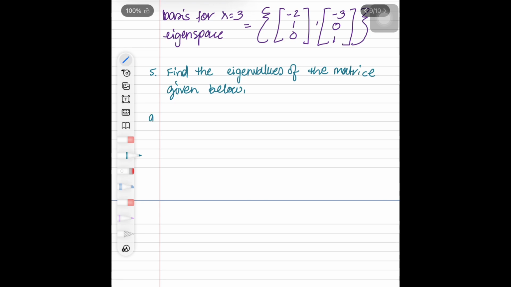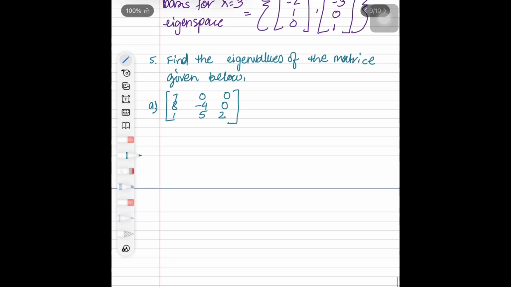So we have the matrix, so we see how this is a triangular matrix. Let me show you. So this right here is our triangle. This is the other triangle if you want to see it that way.